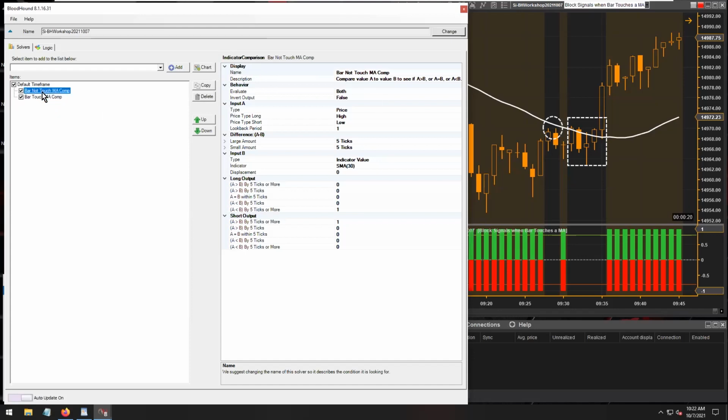So I have one comparison solver that we're using, that's producing an output when the bar is not touching the moving average, and then our other comparison solver is going to produce an output when the bar does touch the moving average. And so for that, right, I just need to reverse my outputs again to the default settings for the output there. All right, so again, that's for the bar touching the moving average.